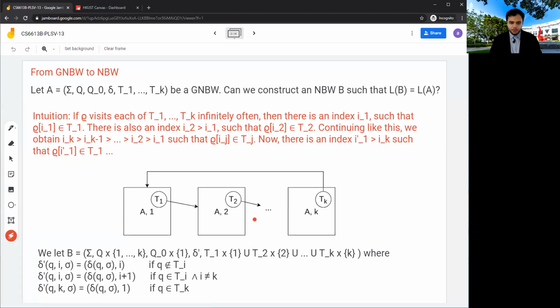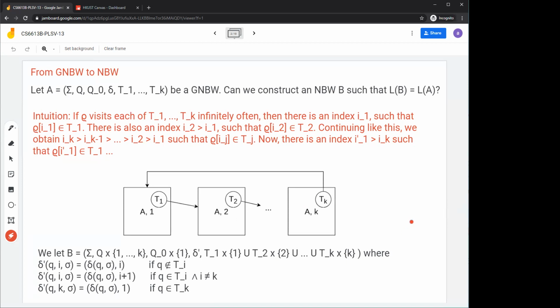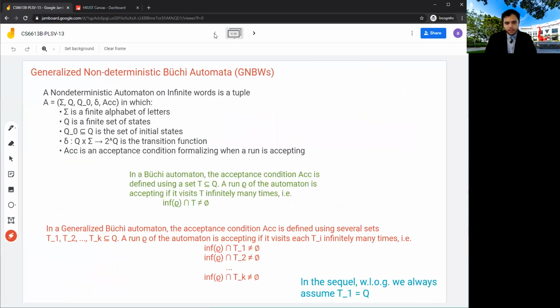That's also easy. Okay. I have a question. Sure. Is the order of visiting important here in a generalized non-deterministic Büchi automaton? No, the order doesn't matter, because basically a run is accepting if it visits every one of these target sets infinitely many times, right?